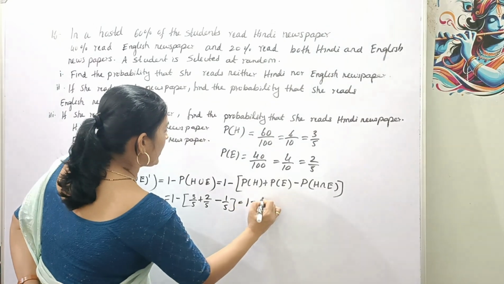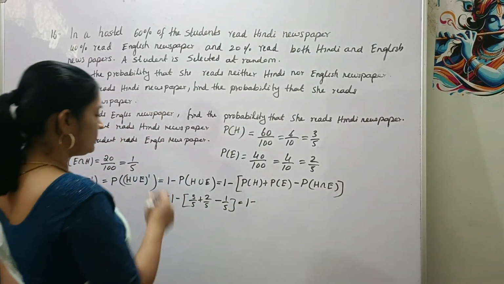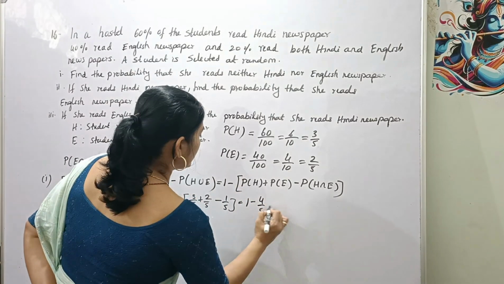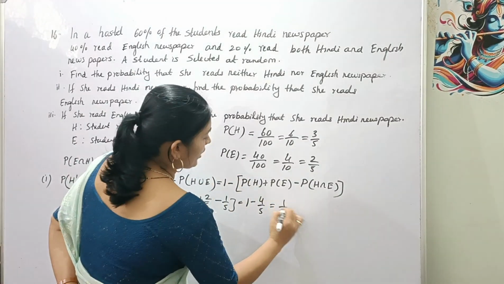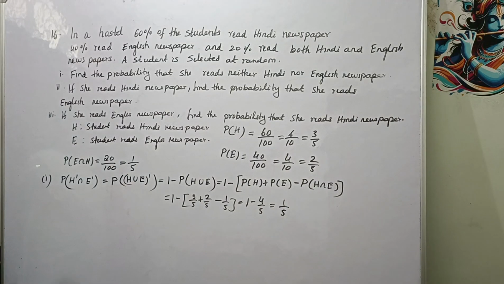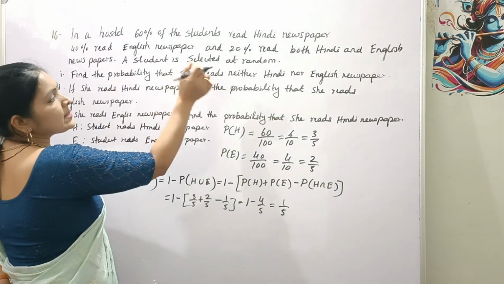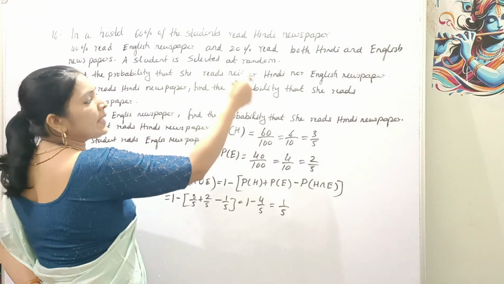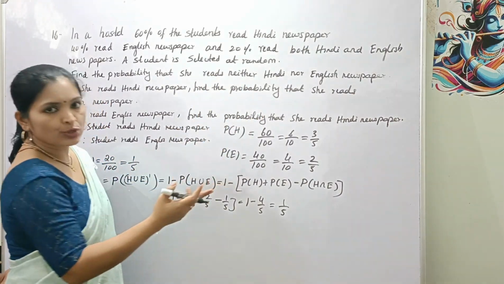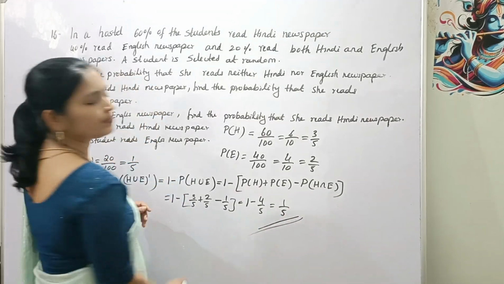That is equal to 1 minus 3 plus 2, 5, 5 minus 1, 4, 4 by 5. That is 1 by 5. Therefore, probability of students who read neither Hindi nor English newspaper is 1 by 5.